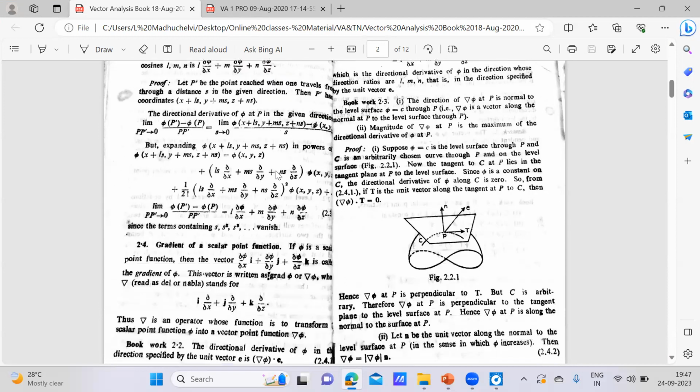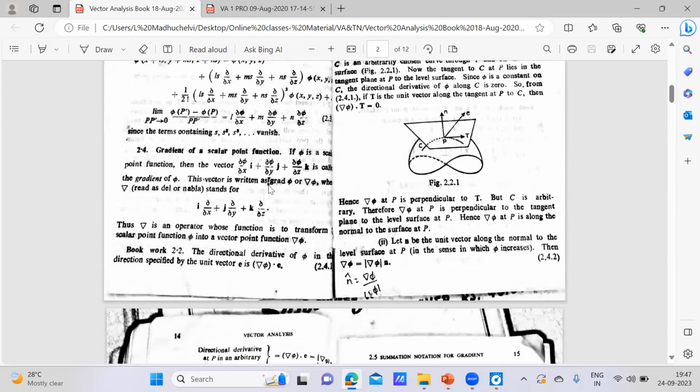And then the gradient of a scalar point function. What is called the gradient of a scalar point function? The definition is, if phi is a scalar point function, then the vector dou phi by dou x i plus dou phi by dou y j plus dou phi by dou z k is called the gradient of phi.